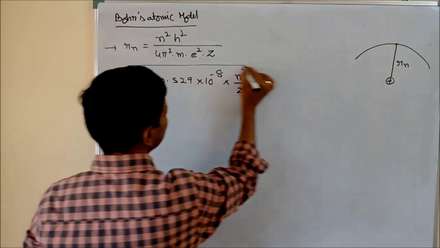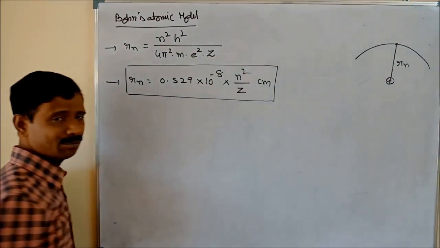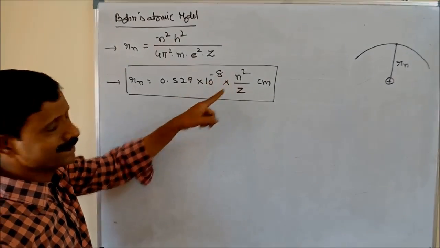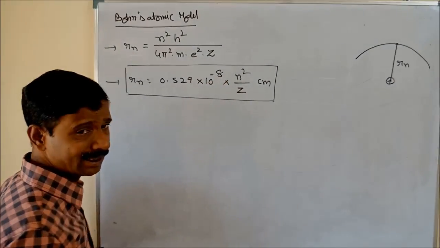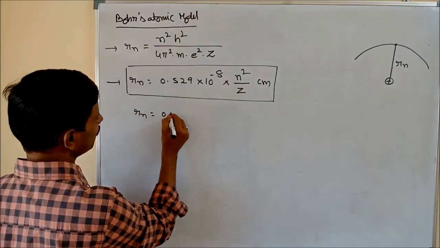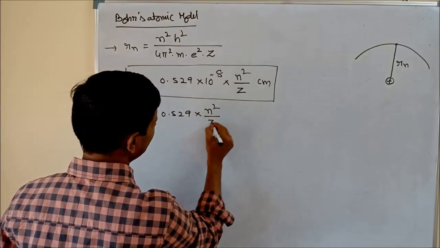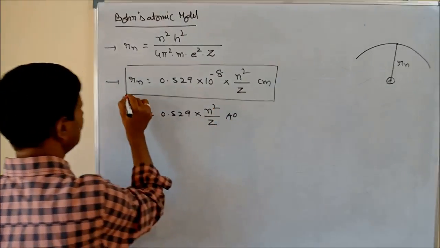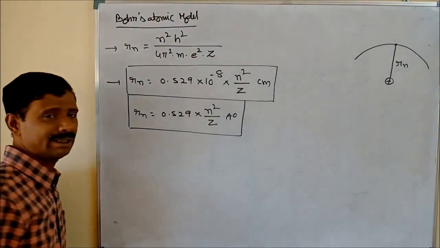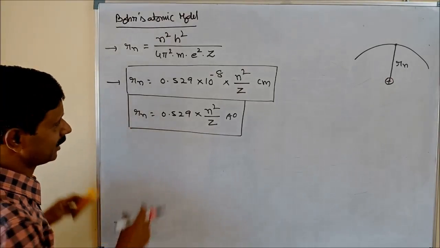This is the general expression to find the radius of any orbit in any atom, where n is the number of the orbit and z is the atomic number, in centimeters. Or otherwise, we can write Rn equal to 0.529 into n square by z angstroms, because 1 angstrom is 10 power minus 8 centimeters. So you should remember that general expression.